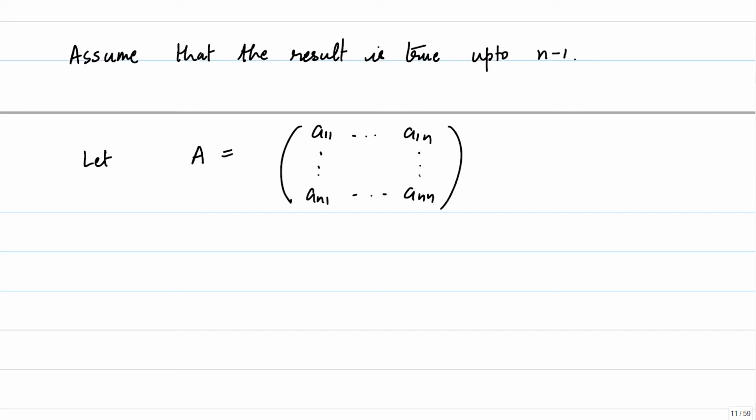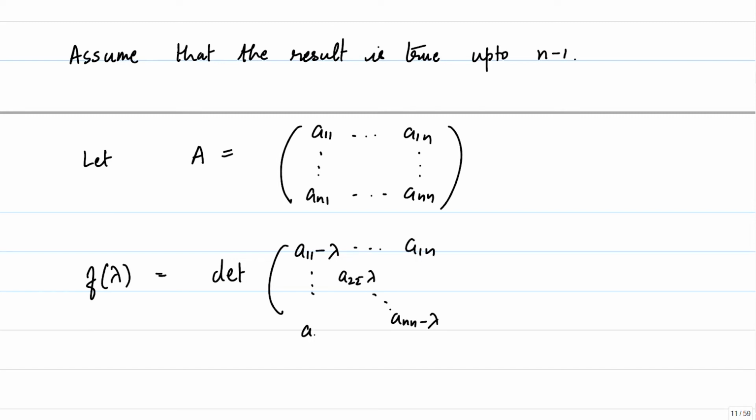What will be the characteristic polynomial f of lambda? That is just going to be the determinant of the matrix with A11 minus lambda, A22 minus lambda along the diagonal. I am writing the entries along the diagonal first. The remaining terms are as usual. Alright, so this is exactly what our f of lambda is.